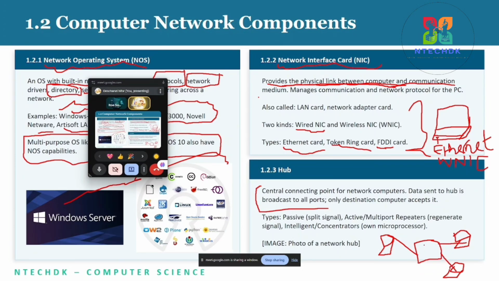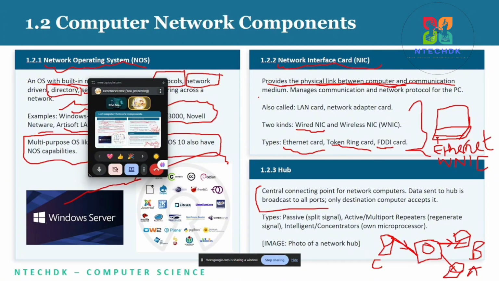If they are connected like this, when computer C sends to the hub, when computer C sends a network PDU, that data moves from the computer to the hub, and when the hub receives that data, it broadcasts.